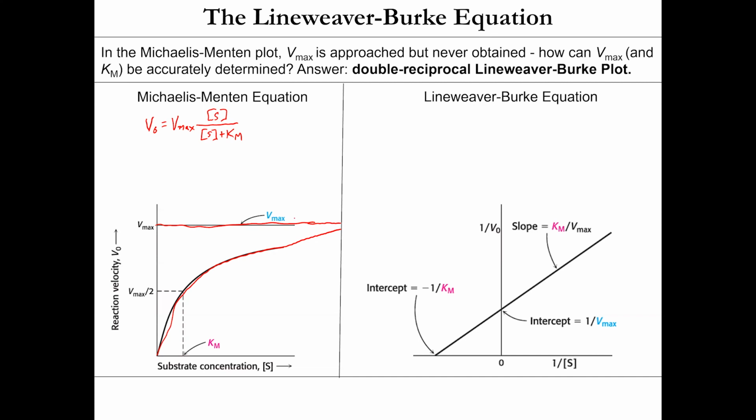So to get an accurate number, we use something called a double reciprocal Lineweaver-Burke plot. We basically just take the reciprocal of this Michaelis-Menten equation.